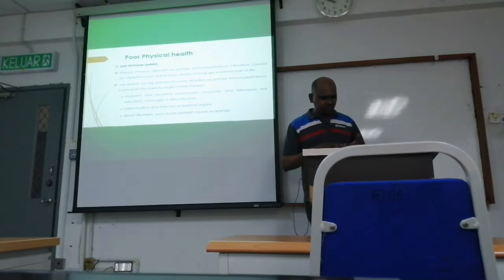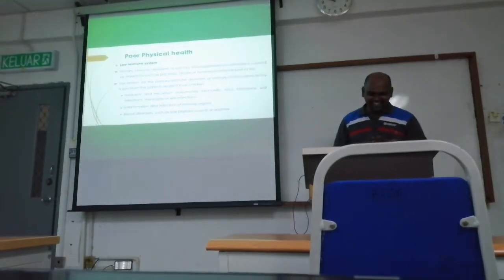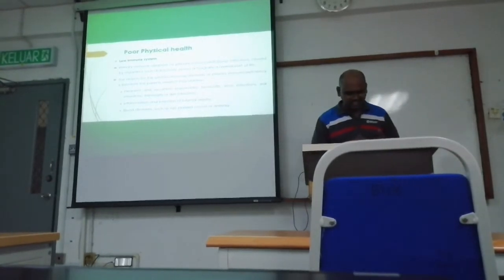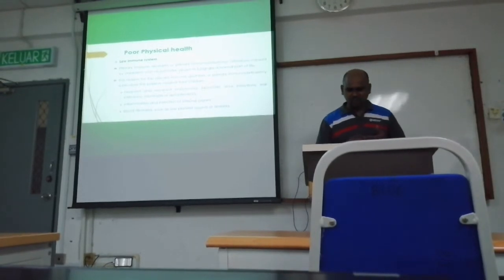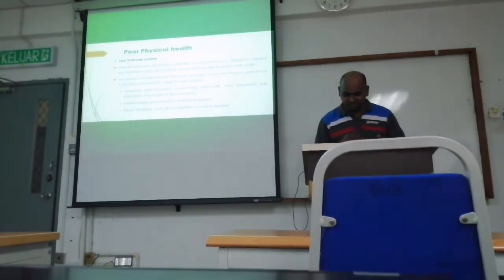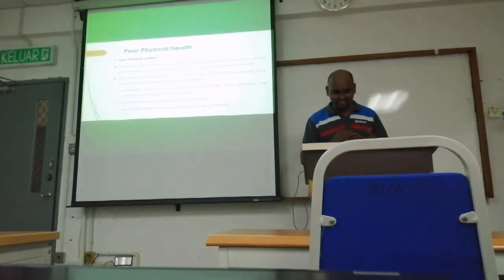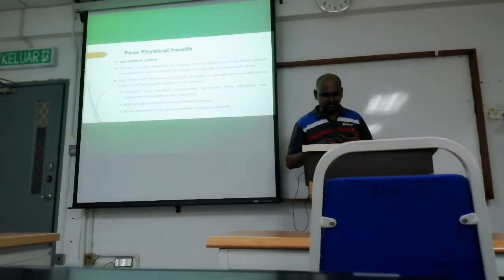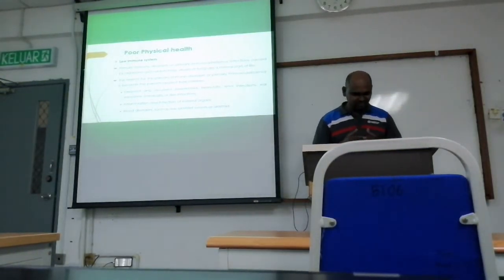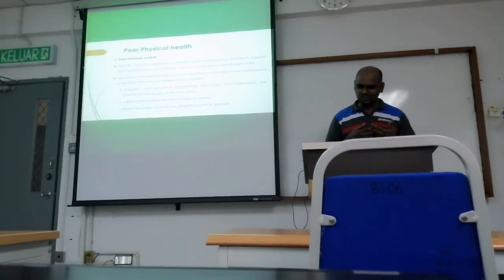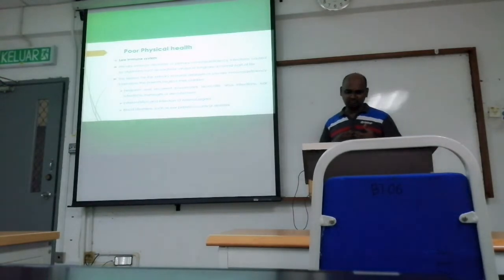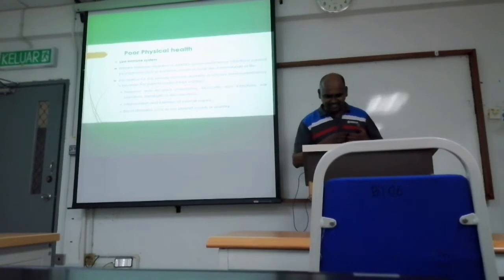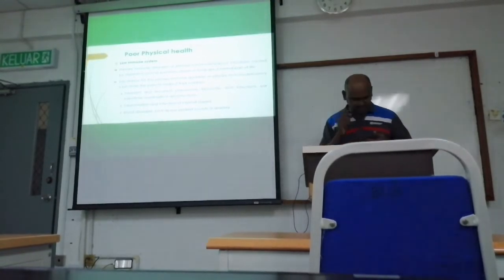Under poor physical health, I'll be covering the low immune system, which is actually a primary immune disorder or immunodeficiency, with infections caused by organisms such as bacteria, virus, or fungus. The reasons that a primary immune disorder happens are actually pneumonia, bronchitis, sinus infection, and ear infection.